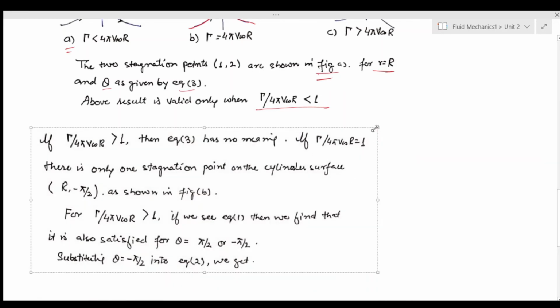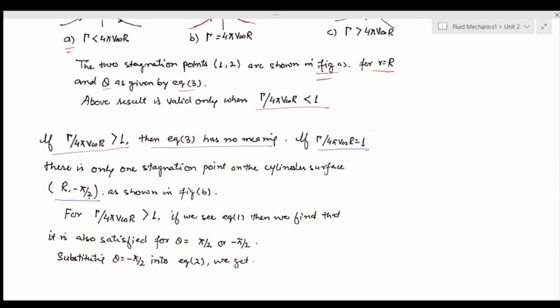Now, if circulation divided by 4 pi V infinity R is greater than 1, then equation 3 has no meaning. And if circulation divided by 4 pi V infinity R is equal to 1, then there is only one stagnation point on the cylinder surface, and that would be at this location.